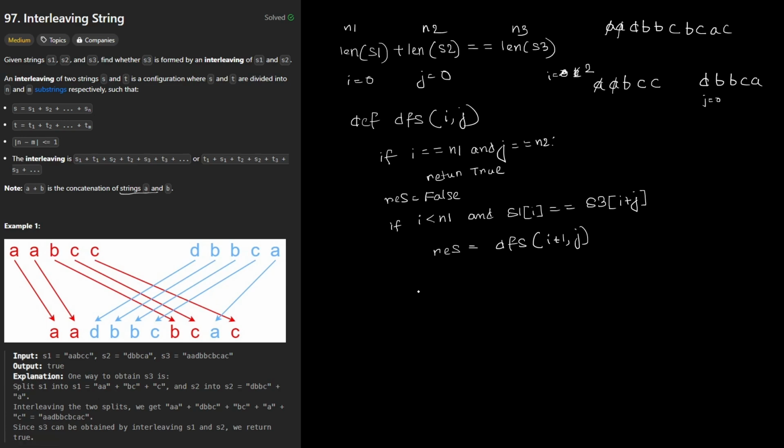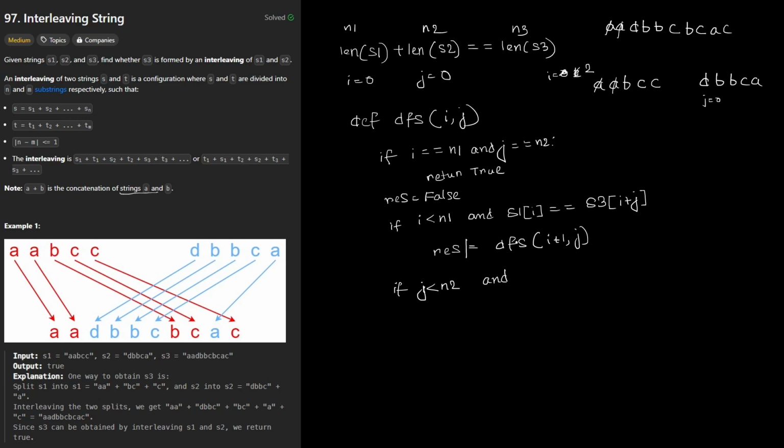Then we can write another condition, which is if j is less than n2 and, here we have to give it an or. The reason being that there will be multiple formations of this DFS.